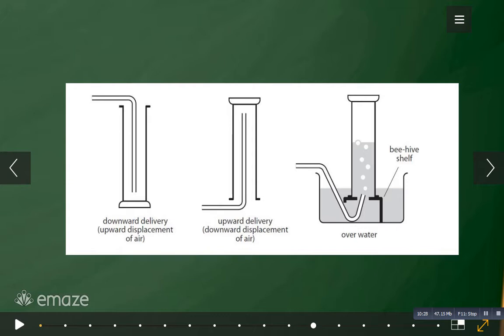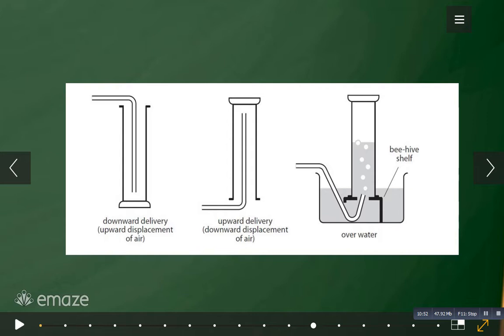So what is a drying agent? Well, we need to collect a dry sample of a gas, and in order to do that, we need to pass it through a certain drying agent that is used to dry the gas, so it can be collected without water vapors in it.